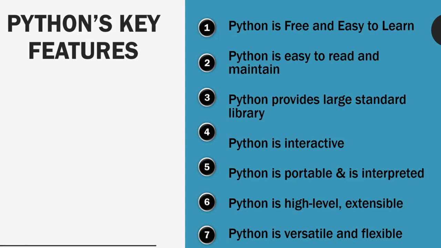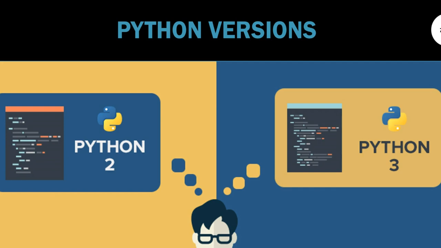I have taken many courses on Python and have programmed in Python, and I can tell you there's always something new to learn. Python is also very versatile and flexible. There were 2 main versions out there, but in this course we're going to be learning and using Python 3.